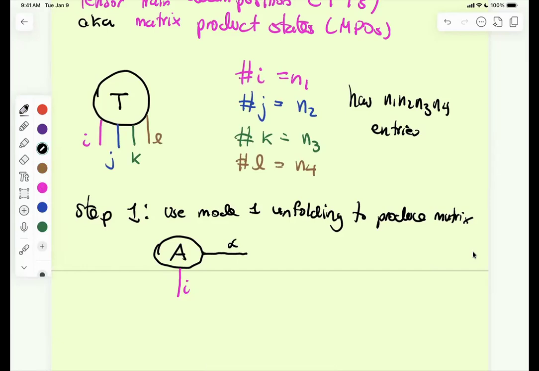Sometimes it's called multi-index notation. I'm calling it alpha, but it represents J, K, L, sweeping through those values. So I still takes N1 values, and the other one takes N2 times N3 times N4 values.